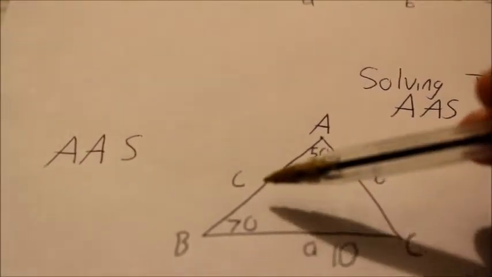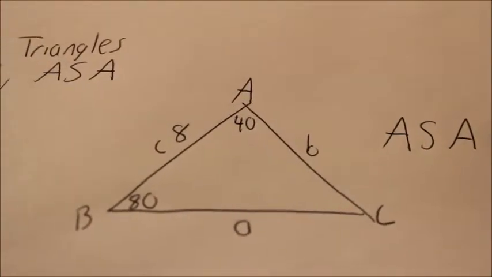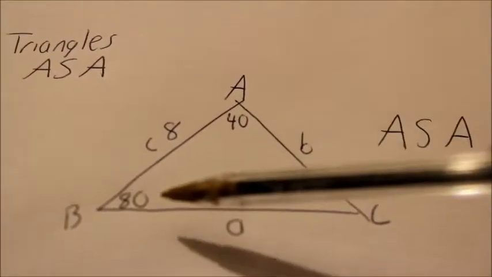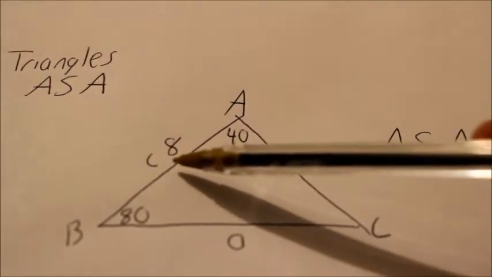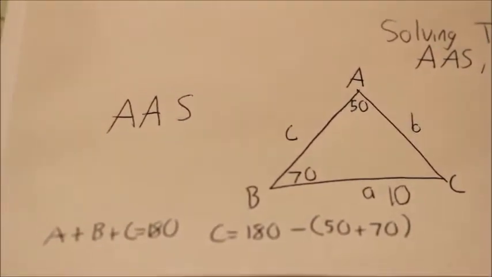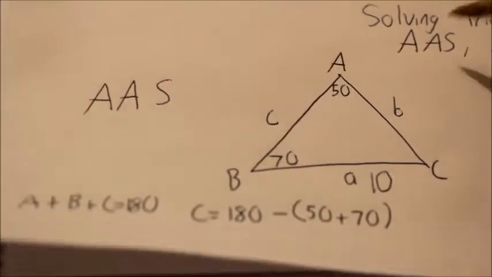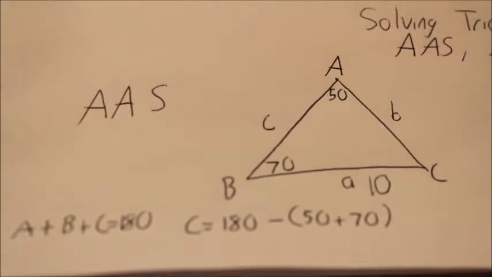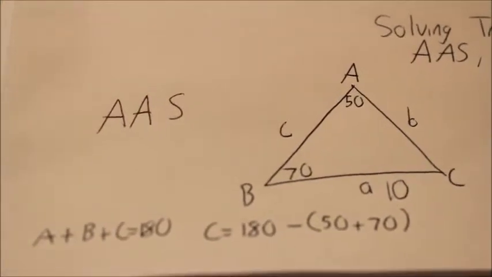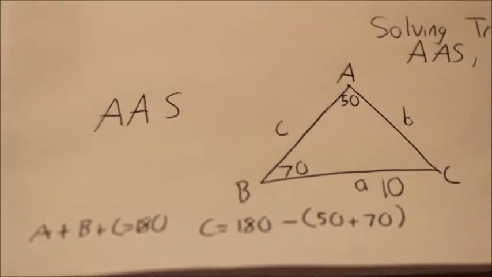However, we do not know side length C, B, or angle C. In an angle side angle triangle, we know two angles, where in this case we know A and B, which are 40 and 80, and we know the side in between, which in this case is C and is 8. For the purpose of this video, I will show how to use the law of sines to solve triangle ABC on the angle angle side triangle. However, if you do have a question on how to use the law of sines for the angle side angle triangle, it will be demonstrated in class, and if you still have issues with it, feel free to ask questions.